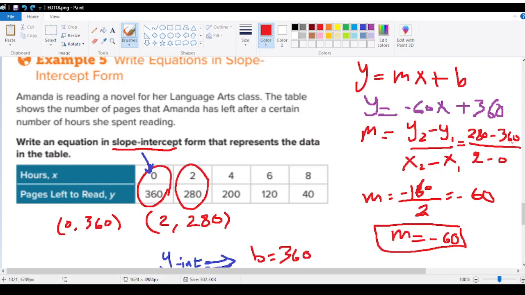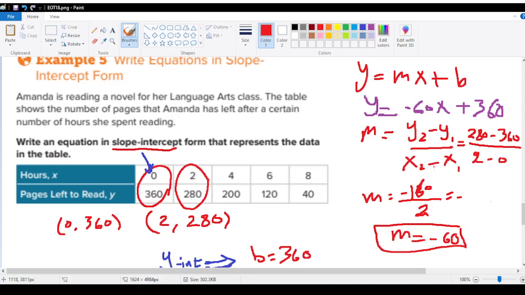280 minus 360, how much? Try to subtract them. It will be 160. It's not 120 like we said before. Shamsa, have you understood what was the mistake?